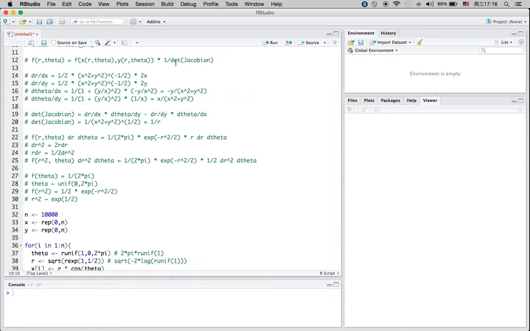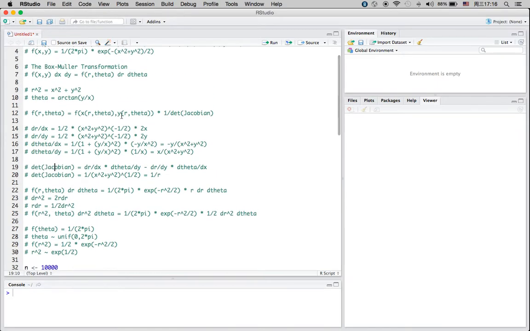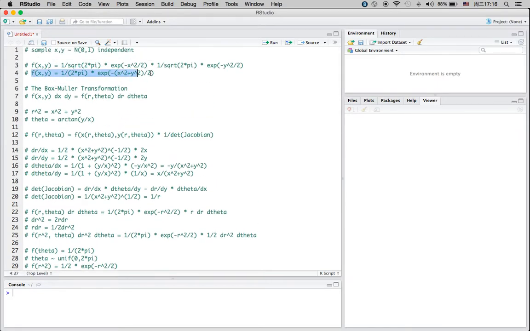So now that we have the determinant of the Jacobian, let's rewrite our target function in the new variables. We have f of r and theta, dr d theta, which is 1 over 2 pi, which is the formula we derived when we combined the two univariate normal distributions.